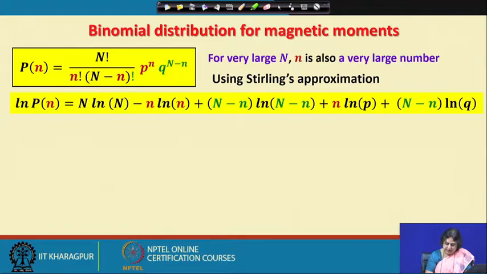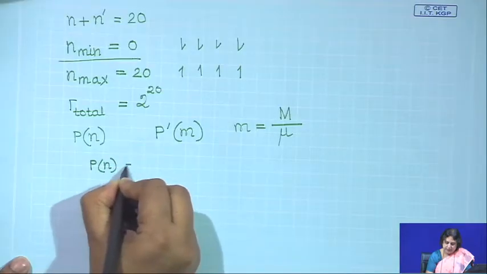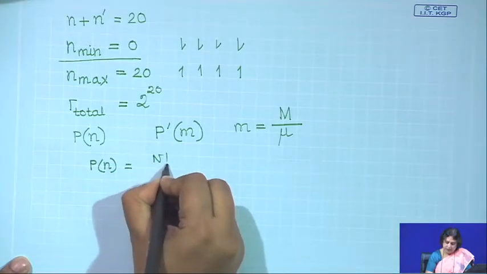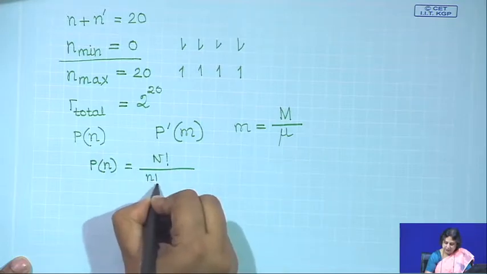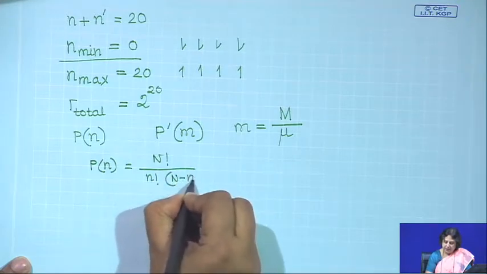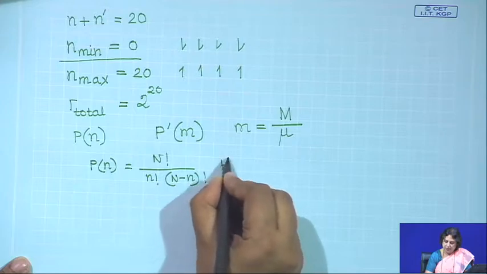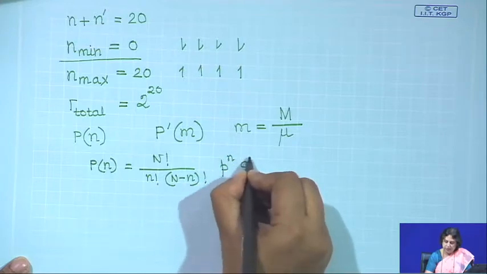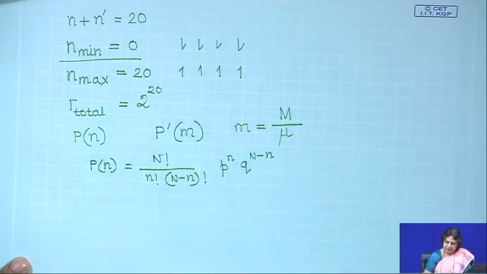I know that P(n) is equal to N factorial divided by n factorial times (N minus n) factorial, times p to the power of n, q to the power of (N minus n).